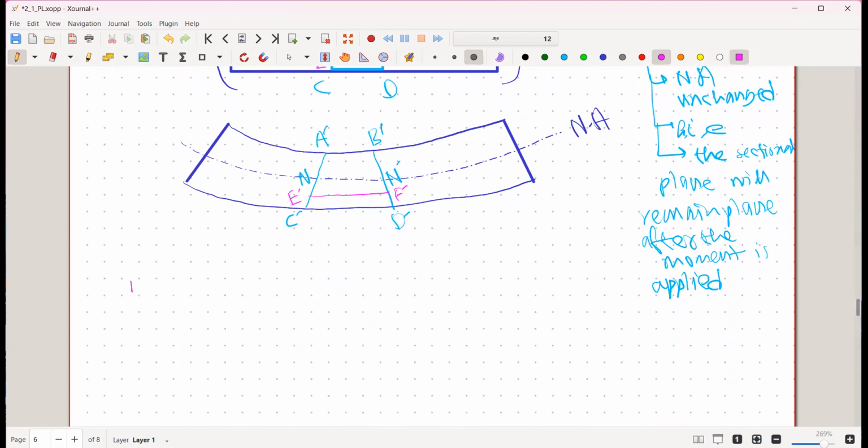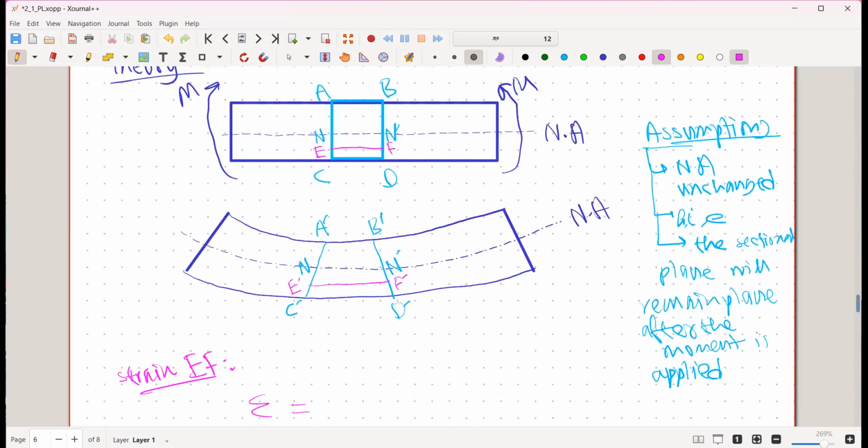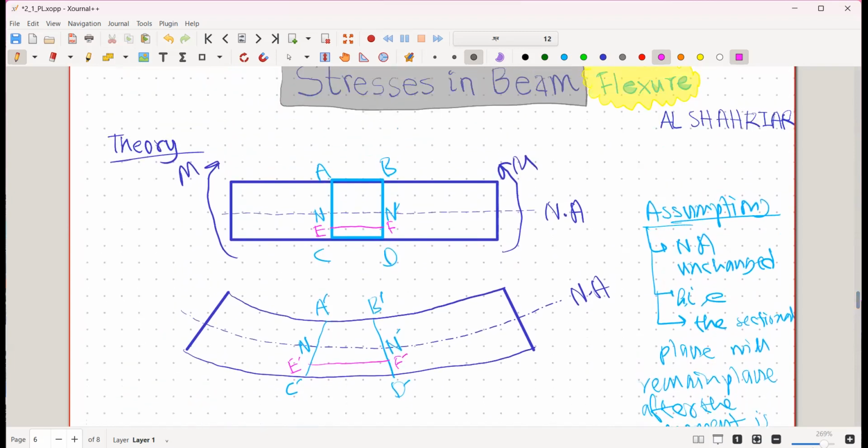So if we calculate the strain in EF, here we can see it bends like an arc of a circle. So we draw a circular section over here like this.